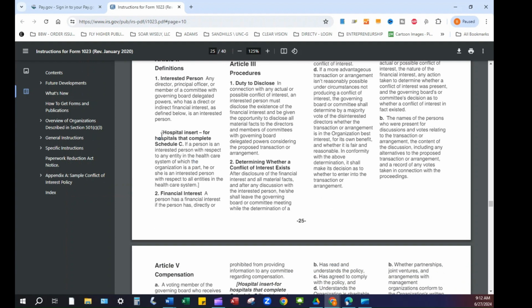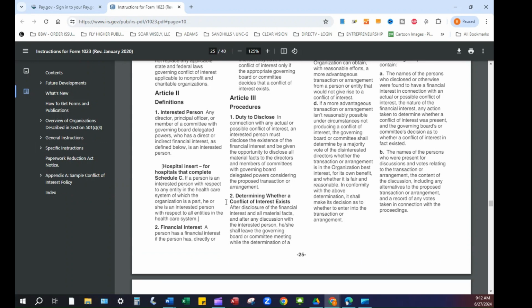Now, this is where I inserted the hospital stuff. See, this is where it says hospital insert, and then it's telling you what to insert. Oops, sorry. So that's what you would do. That's where I got that from. And again, have your instructions up when you copy and paste the conflict of interest policy. I wish it copy and pasted more neatly than that. Maybe it will in Google Docs. I have not used Google Docs, but maybe it will.